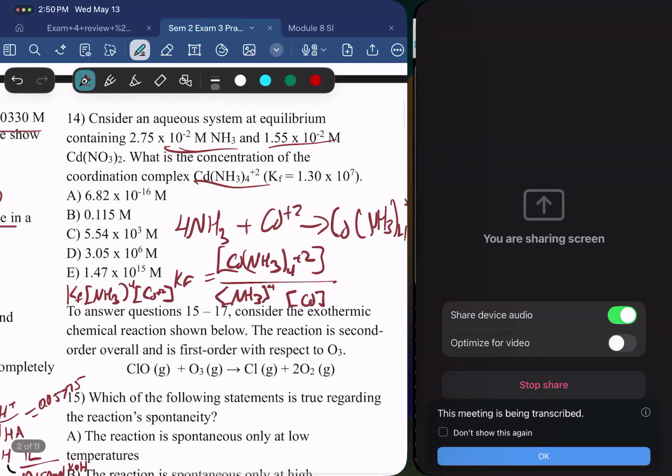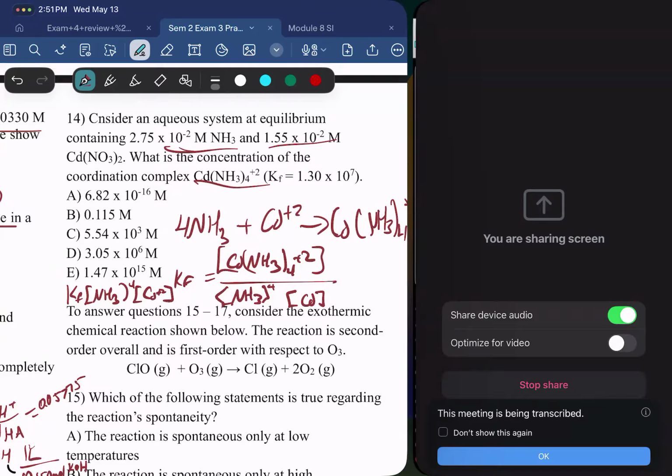So let's do that. So 1.30 times 10 to the 7 times 2.75 times 10 to the -2 to the fourth power times 1.55 times 10 to the -2.